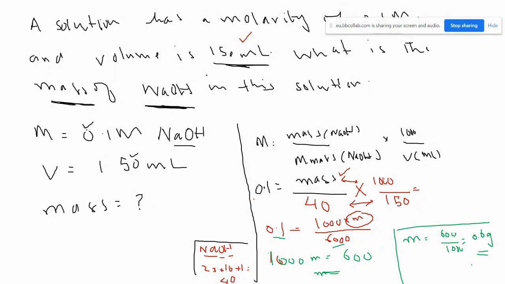So we have two types of calculation. Now the question is, if the same question is there, but mass is not asked, rather we say moles. Moles of sodium hydroxide in this solution. Let's go for the other side.